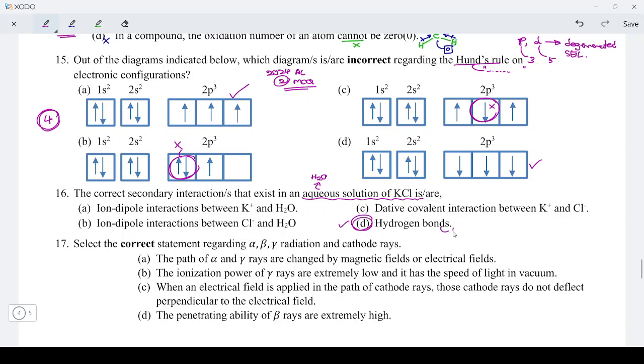Okay, so you can see between water molecules. The compounds that have hydrogen bonded to the more electronegative fluorine, oxygen and nitrogen will make hydrogen bonds. Okay, so then if you take another water molecule here, through the lone pair they will make a hydrogen bond. I hope you understand that.